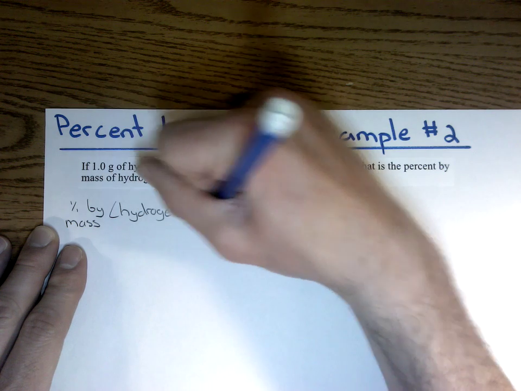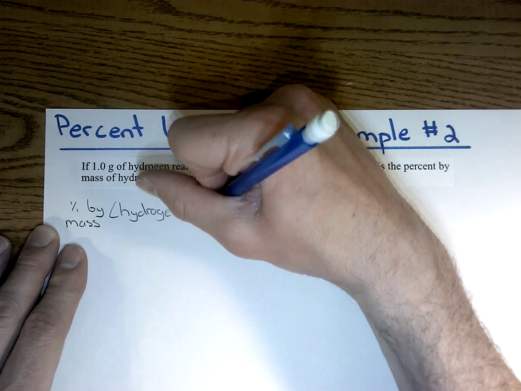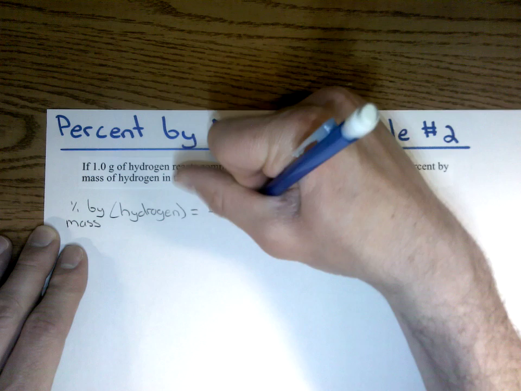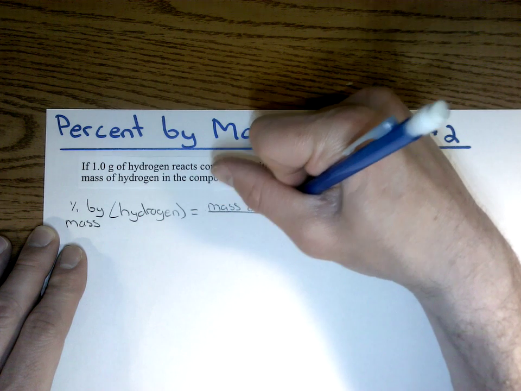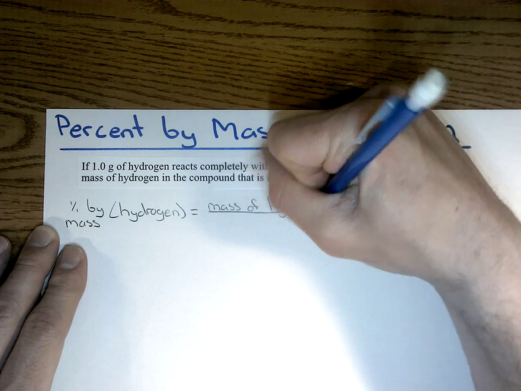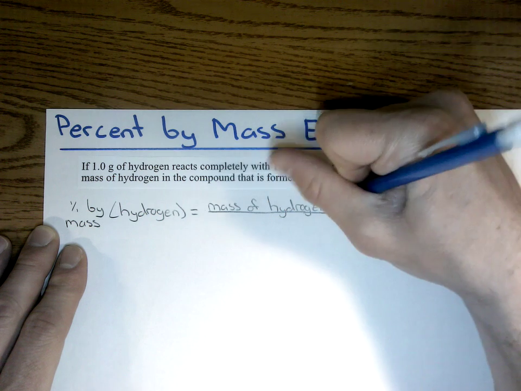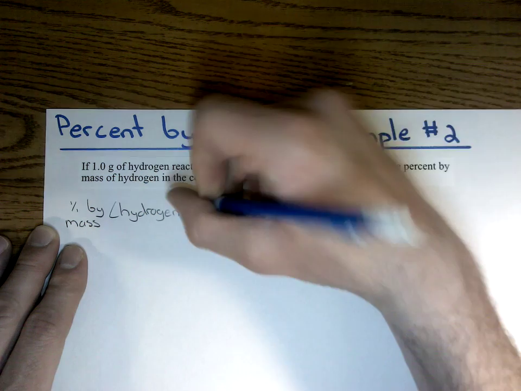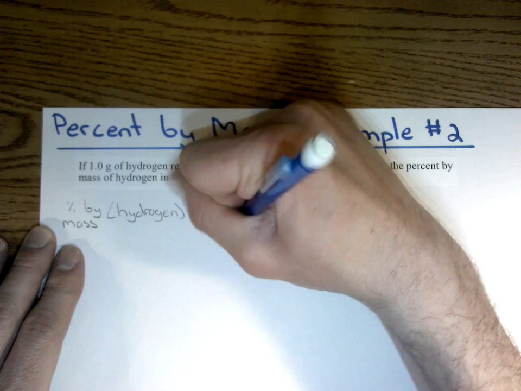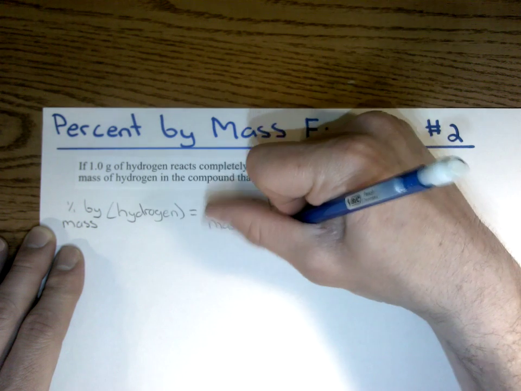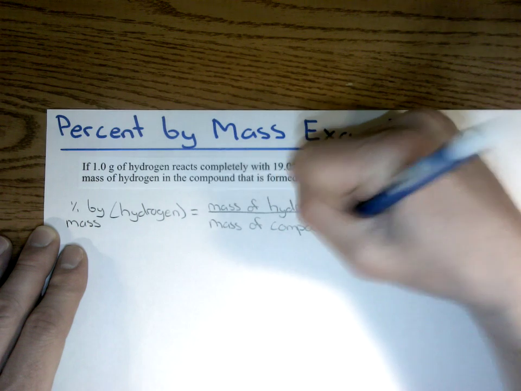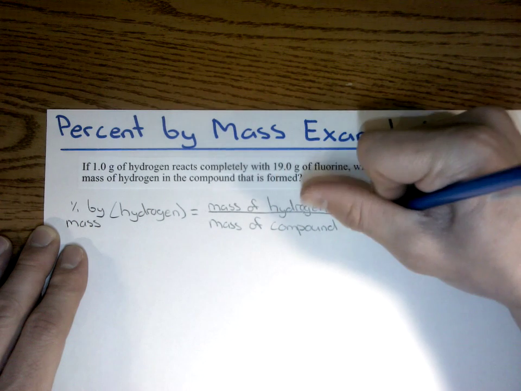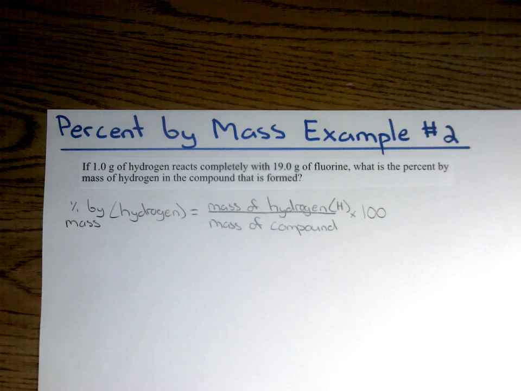To orient us to this, I'm going to put the mass of hydrogen on top and the mass of the compound below. We can't forget to multiply this by 100 to get it to percent.